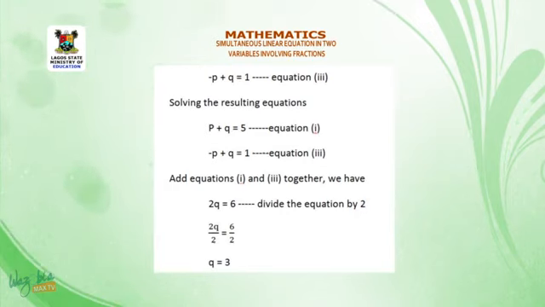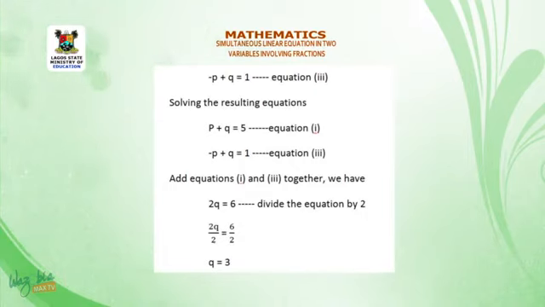Solving the resulting equations. P plus Q is equal to 5, equation 1. Minus P plus Q is equal to 1, equation 3. Add equations 1 and 3 together.